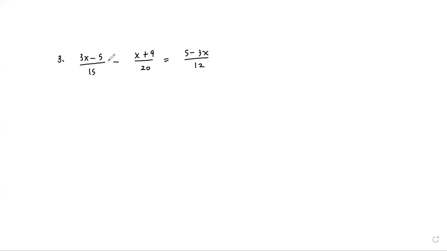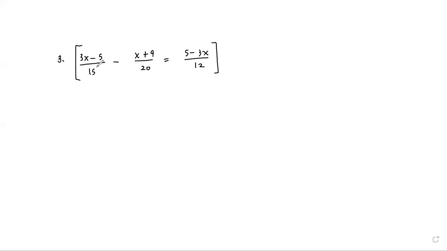So observe that the given equation contains several fractions. So in order to solve this, we should get rid of the denominators by multiplying both sides of the equation by the least common denominator.